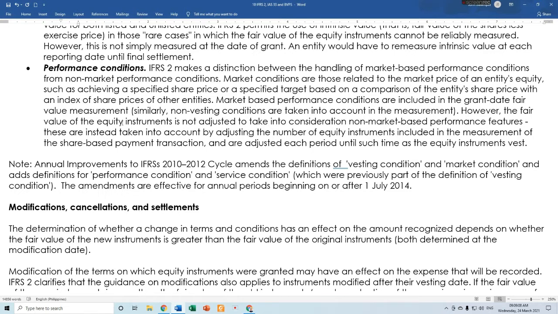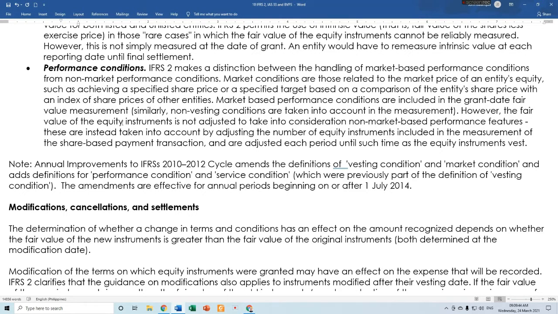So, pag sinabi nating market-based performance conditions, these are items that relate to the market price of an entity's equity, such as achieving a specified share price or a specified target based on a comparison of the entity's share price with an index of shares or share prices of other entities. Okay? Market-based performance conditions are included in the grant date fair value measurement, okay?